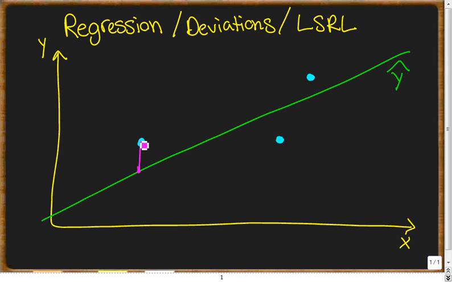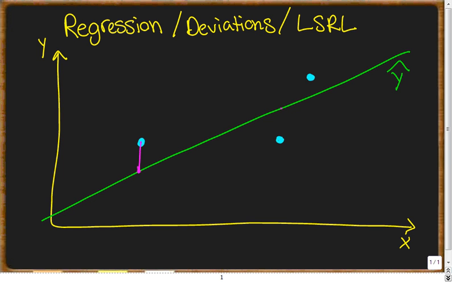So this little difference here is a deviation. Okay, so that's how far away it is. It's a positive number because it's above the line, and we use those a lot when it comes to variance and when it comes to regression.